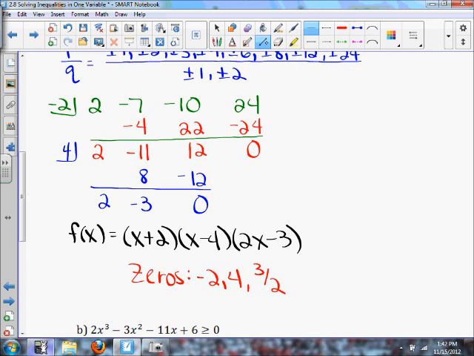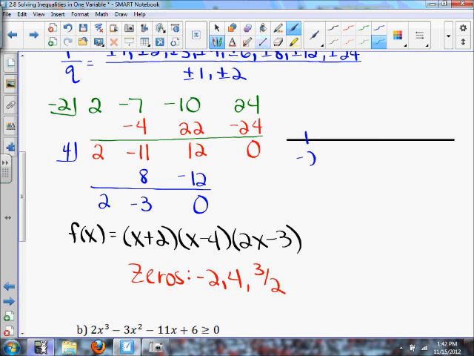So if I were to make a sign chart, I would have -2, 3 halves, and 4. So we're looking at the function here in black. A number less than -2, let's say -5, means there'll be negative here, negative and negative, which means I'll be negative.